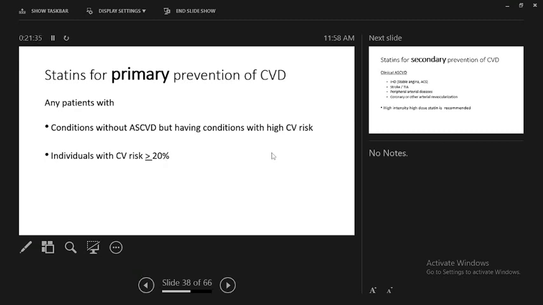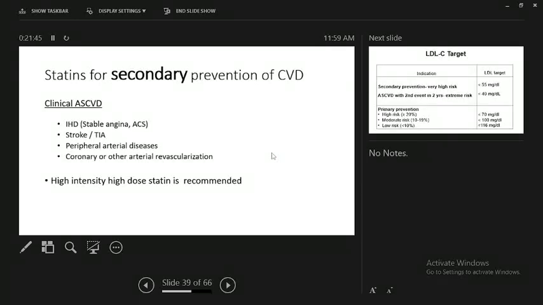And if the risk calculation shows CV risk is more than 20%, even though they have not had previous CVD, you need to start a statin to reduce the cardiovascular risk. That's the primary prevention. Secondary prevention is when they have clinical atherosclerotic cardiovascular disease: ischemic heart disease, stroke, TIA, peripheral artery disease, or previous revascularization.